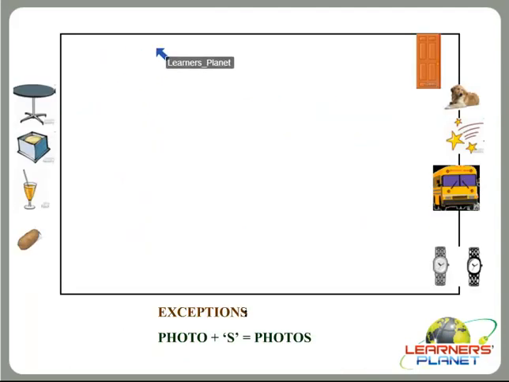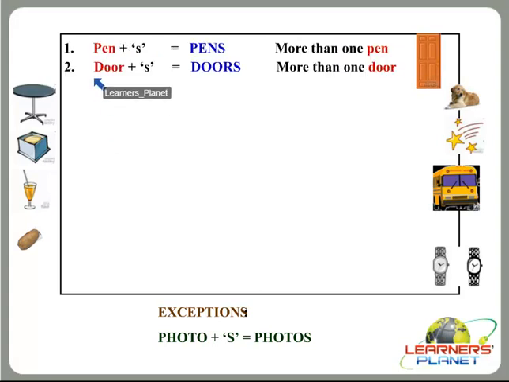Pen plus s gives pens. So pens is more than 1 pen. Door plus s gives doors, more than 1 door. So the rule said that you have to add s to show more than 1 naming word.